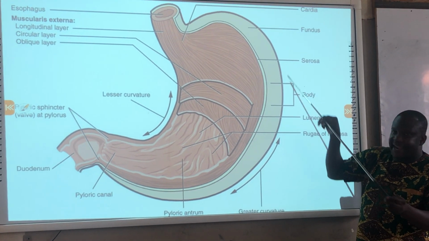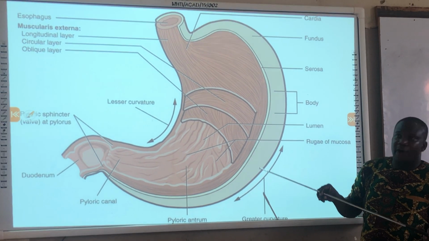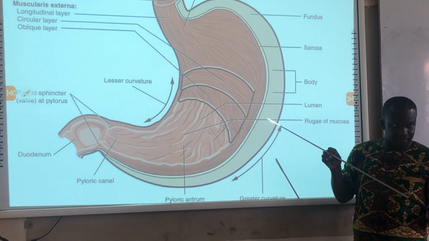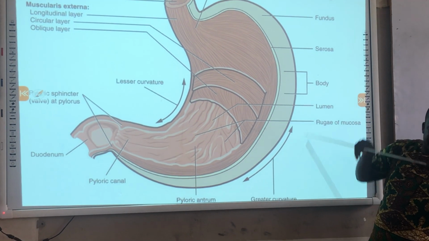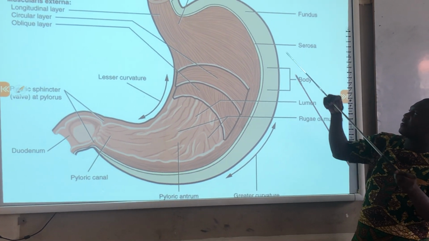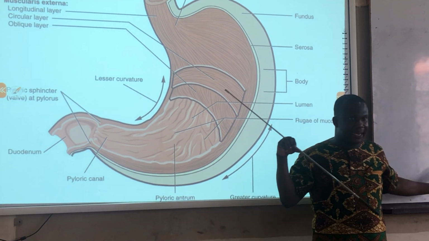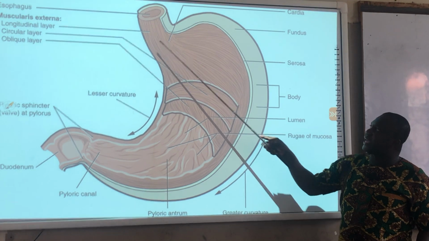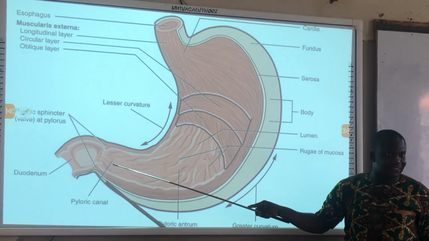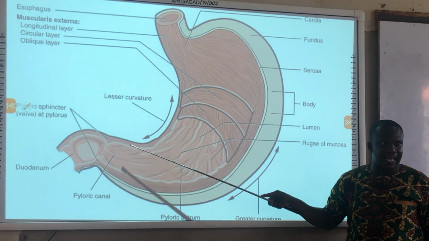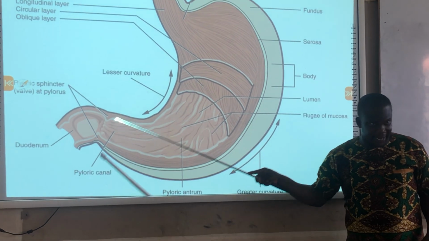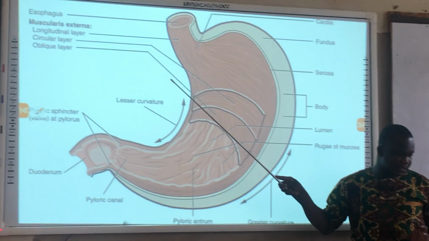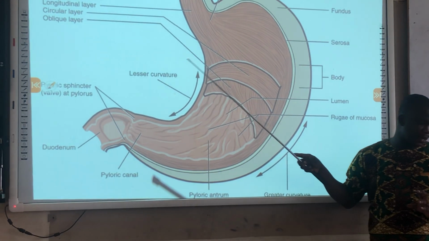As it tends to the right, it forms the greater curvature at my lips. Then it turns to the left, it forms the lesser curvature at my what? Right. So that is something small about the body.